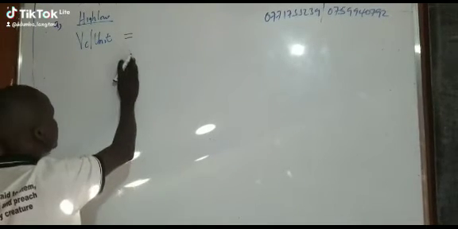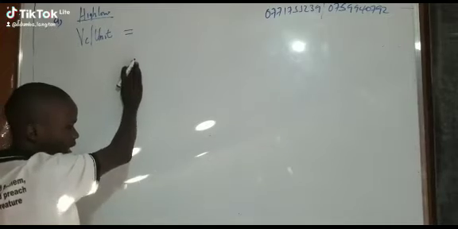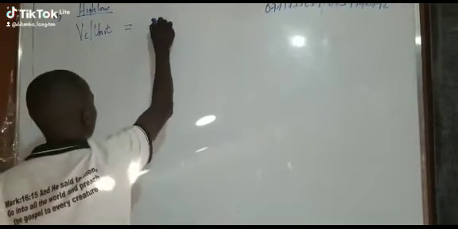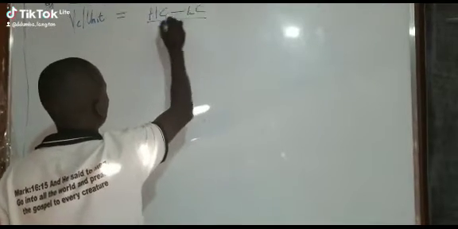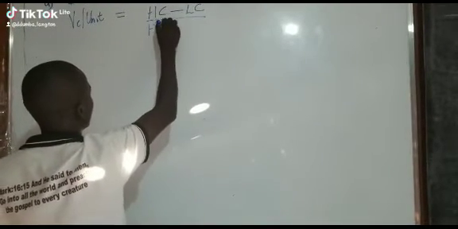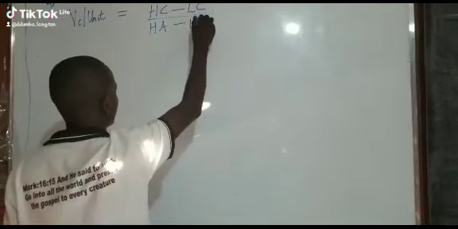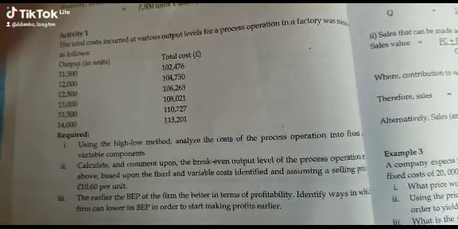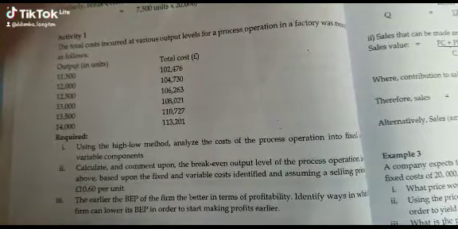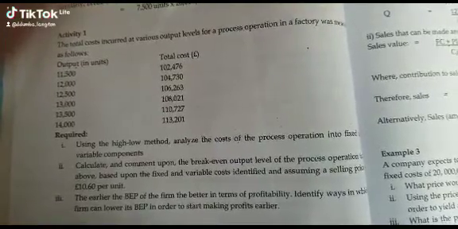Under high-low, the formula is high costs minus low costs over high activity level minus low activity level. So we need to know the high cost.